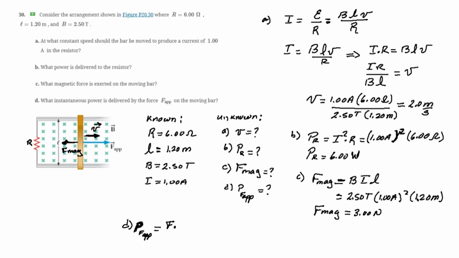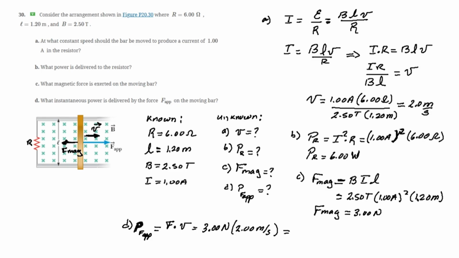The force is going to be 3 newtons, because the applied force will be equal to the magnetic force, times the speed that we found, right? That was 2 meters per second. And then this would be joules per second. So in watts, it would be 6.00 watts.